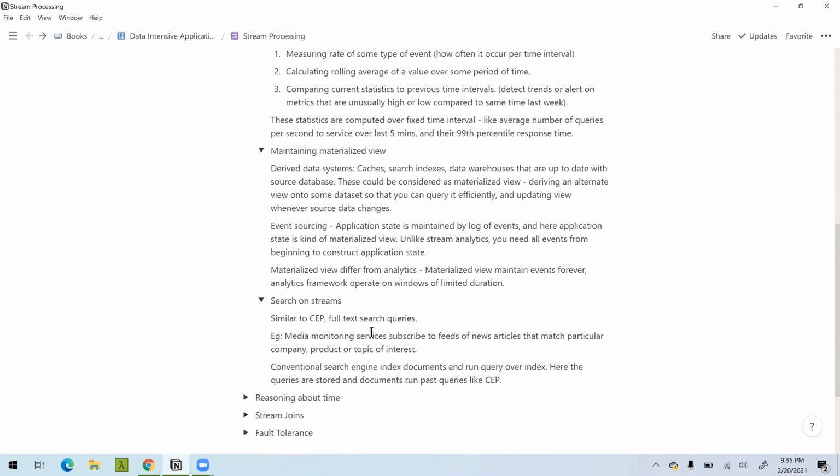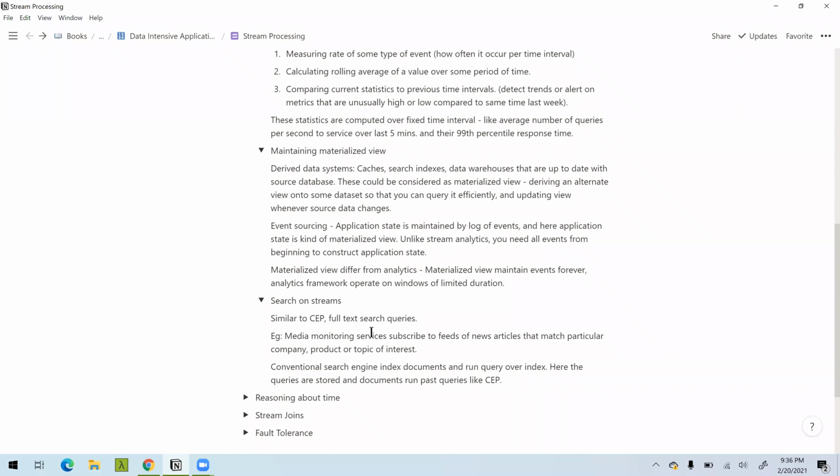Let's say when you are regularly reading a news feed, and you are very much interested in some particular subject, for example distributed systems. So you have added an alert to your news processing service that whenever any new news or any new paper related to distributed systems appears, it should alert you.